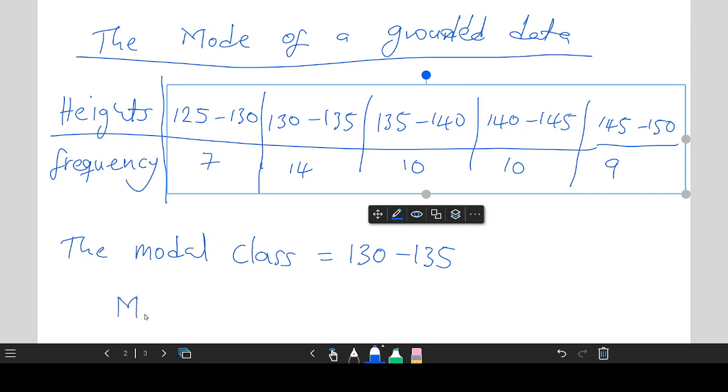Mode is equal to L, where L is the lower limit of the modal class, plus Fm minus F1, where Fm is the frequency of the modal class and F1 is the frequency of the class preceding the modal class.